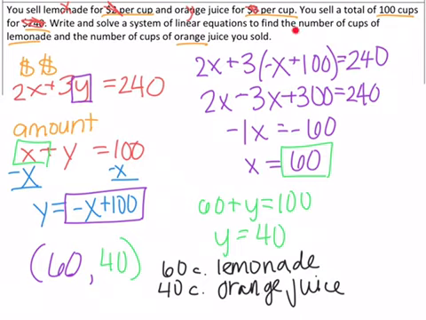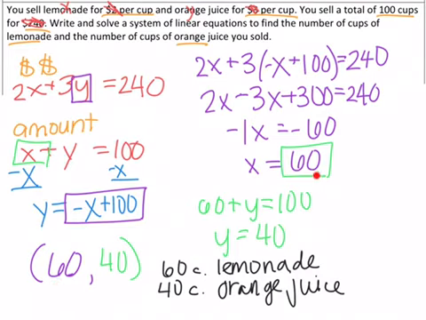So I distributed. So the 3 became negative 3x. The 3 became 300. Then I combined my like terms here and subtracted 300 over to the other side to get negative 1x equals negative 60. When I divided by negative 1, I got x equals 60. So I started to put it into my answer, my coordinate.